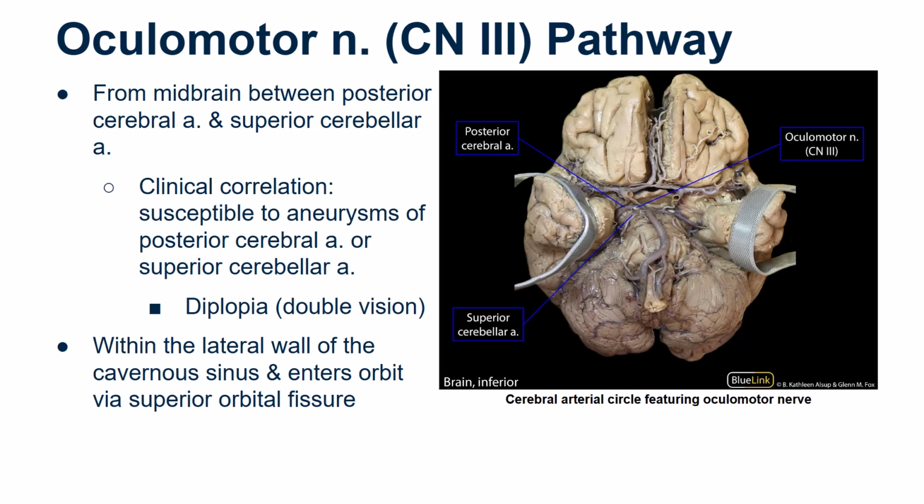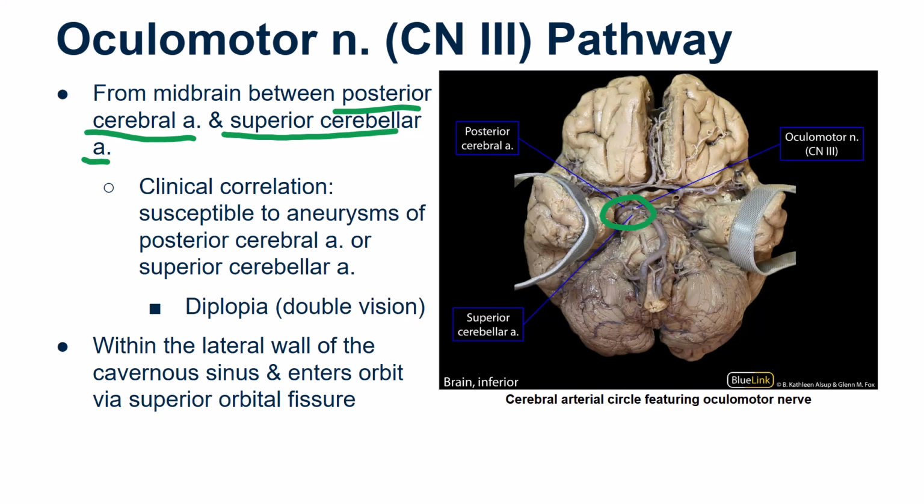The oculomotor nerve arises from the midbrain, and it travels between the posterior cerebral artery and superior cerebellar artery. The issue here, and we can see this right there, is that any aneurysm of either the posterior cerebral or superior cerebellar artery is going to compress the oculomotor nerve, and therefore it is vulnerable to an aneurysm.